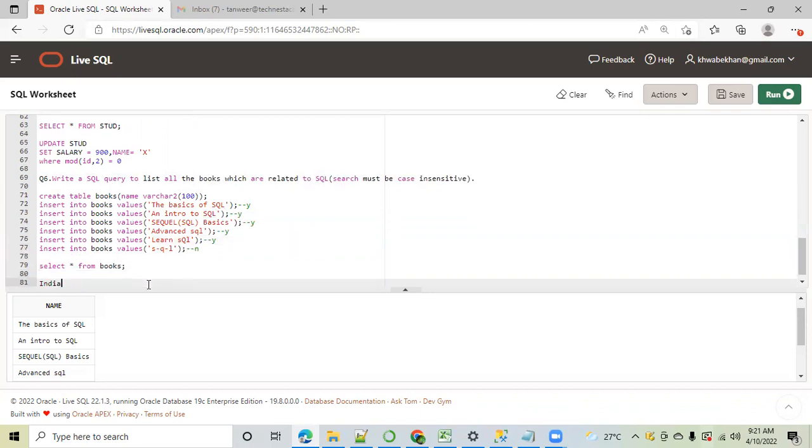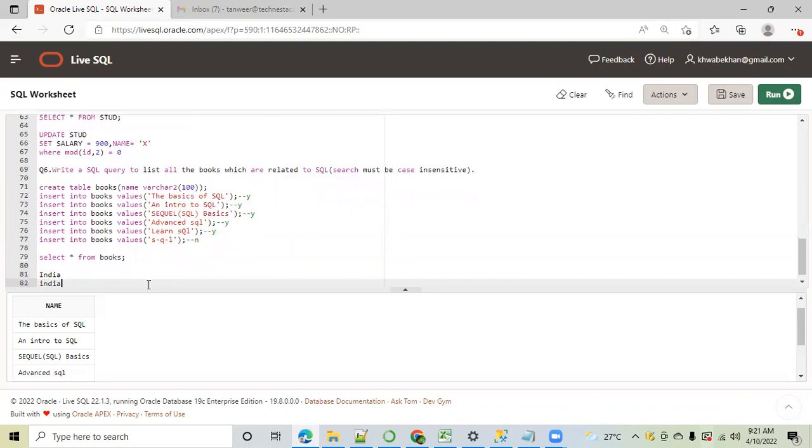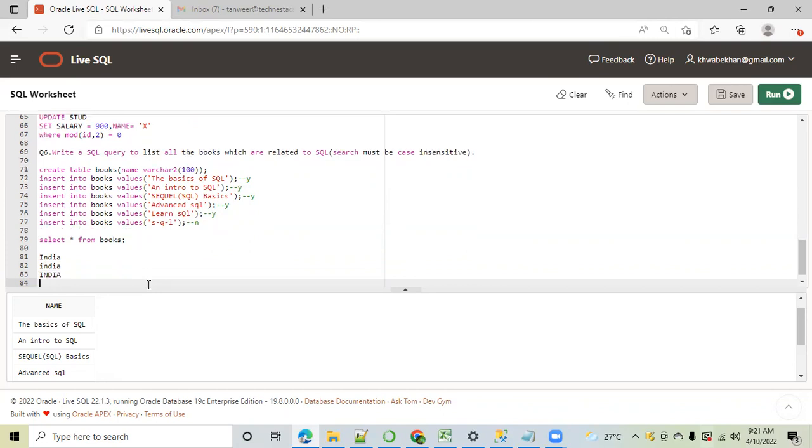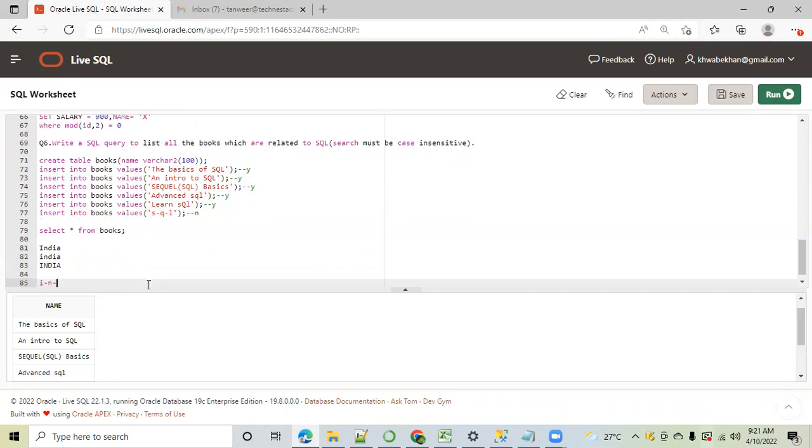See, someone is writing India one way and someone writing it another way. They both are the same. But if someone is writing like this, for us it seems the same, but SQL will take it as different. Even these are different in SQL because case matters, but you can handle this using case, right?